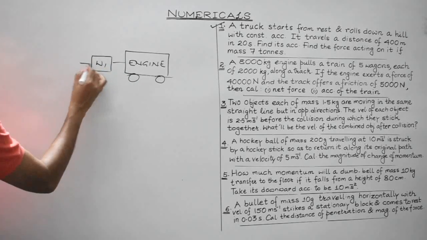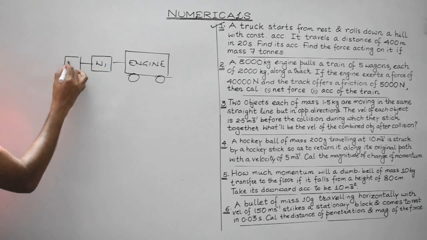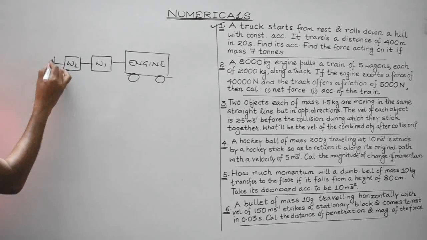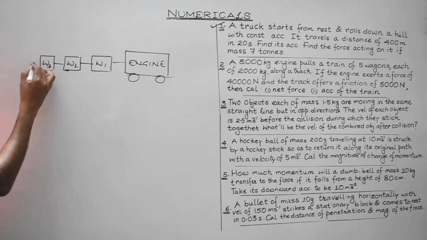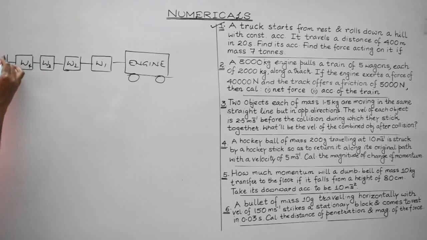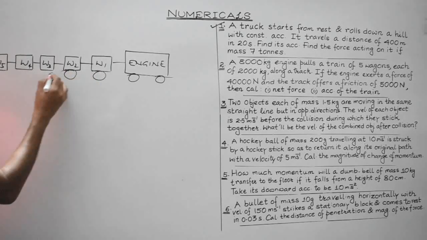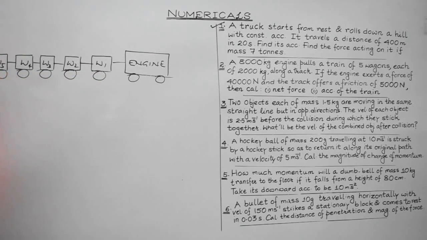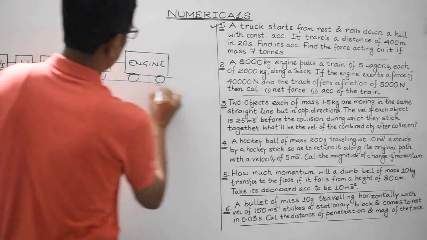This is wagon 1. This is wagon 2. This is wagon 3. This is wagon 4. And let us consider this to be wagon 5. These are the 5 wagons, suppose. Right? This is the situation and this is the track.